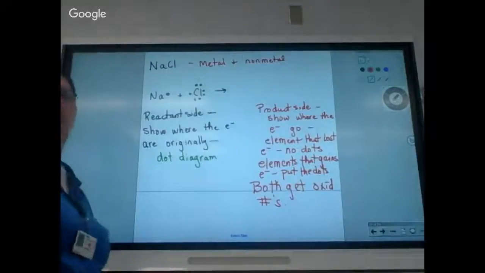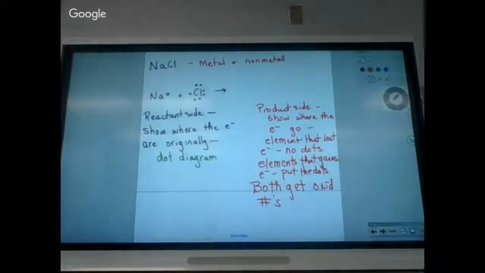It sounds like a lot. I'm just telling you what you've got to include. But it's really not that much. So you're going to put dots on the one that gained, no dots on the one that didn't, and you're going to include oxidation numbers. Have we already done this? No, not all of it, we've done pieces of it. We're just adding in everything we've done.